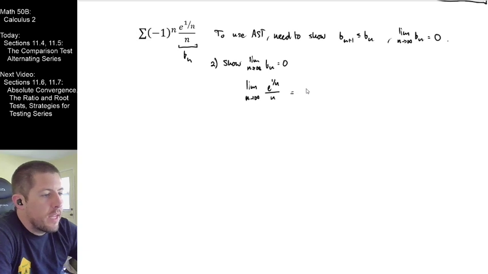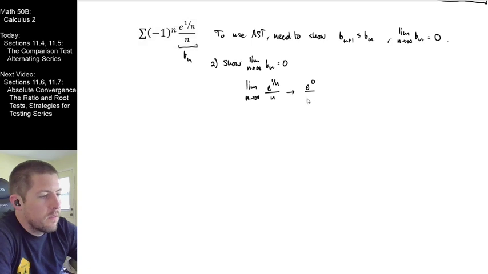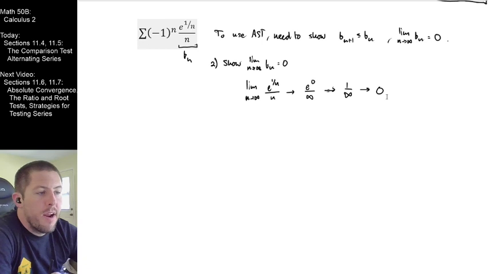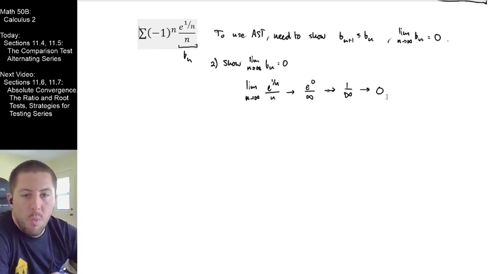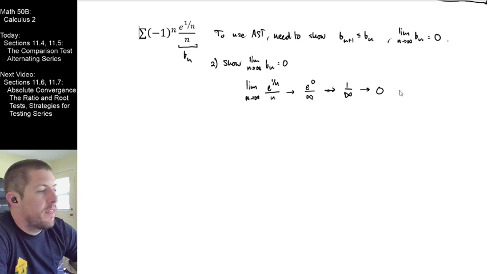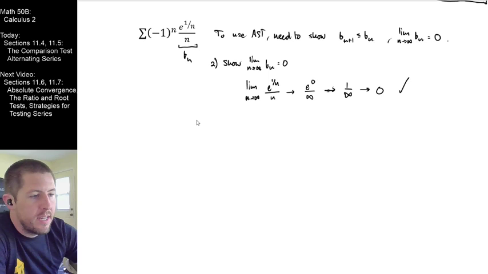So we're getting e to the 0 over infinity. The numerator is tending to the number 1, and the denominator is just getting infinitely large. So we're getting 1 over an infinitely large number, which tends toward 0. So I feel good that our individual terms b sub n are converging to 0, so I've shown one of the two things I need to show.